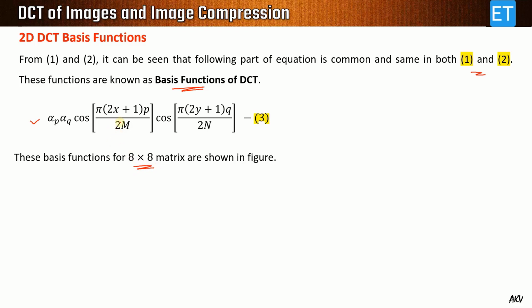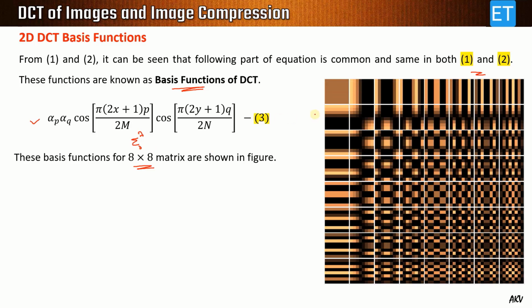So suppose all the 4 loops are varying from 0 to 7, I mean 8 times, then I can generate this type of basis functions. So this is for p equal to 0, q equal to 0, and this is p equal to 0, q equal to 1, and so on.